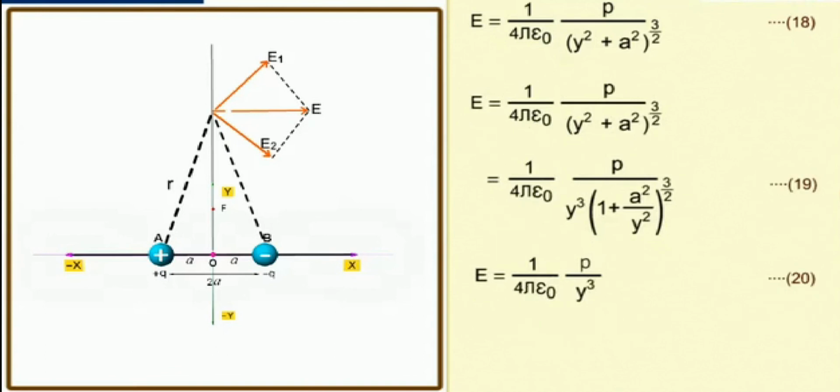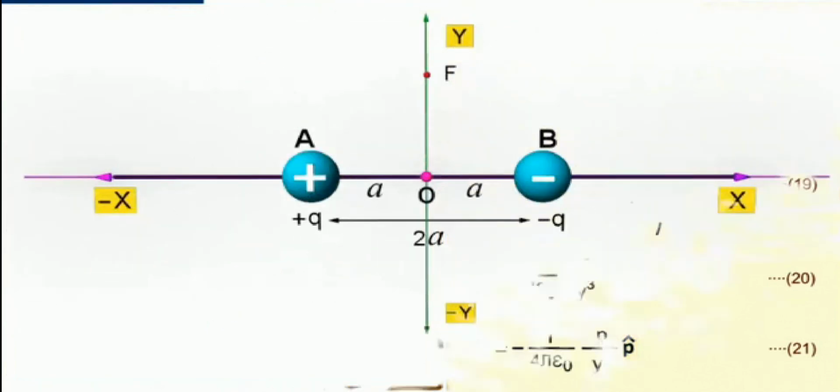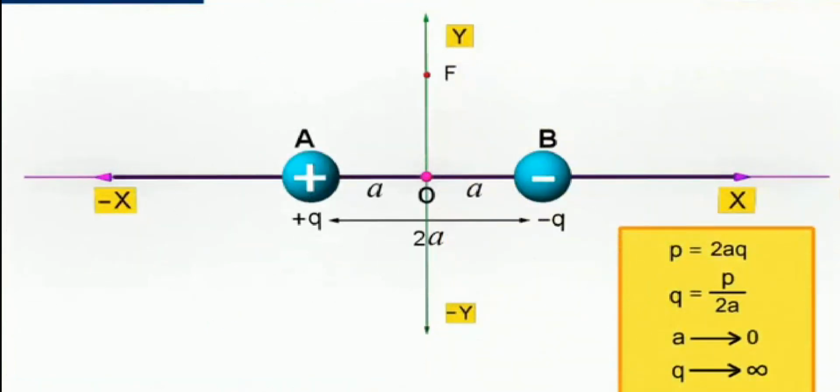In vector notation, electric field strength E can be expressed as shown in equation 21. The negative sign is used since the electric field strength E is opposite to the direction of the unit vector p cap. For a given dipole, the magnitude of the dipole moment p is constant.